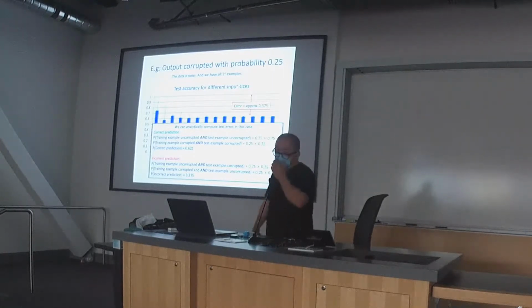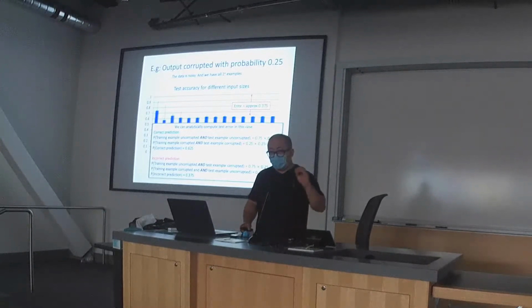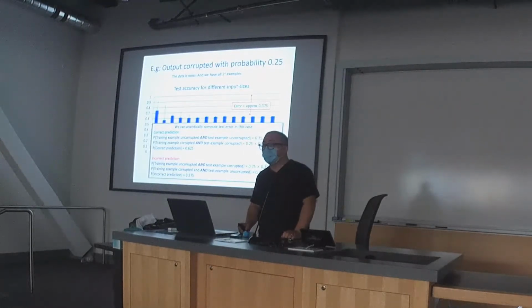The second case is that this particular example is corrupted in both the training and test phase. It was supposed to be true, but now in both training and test stage it was changed to false.